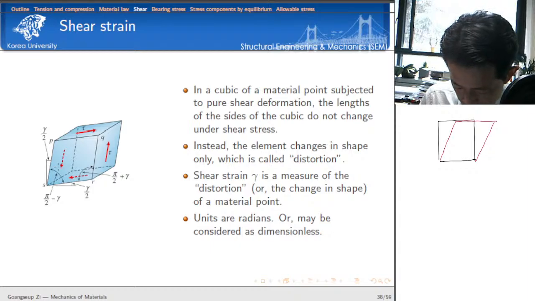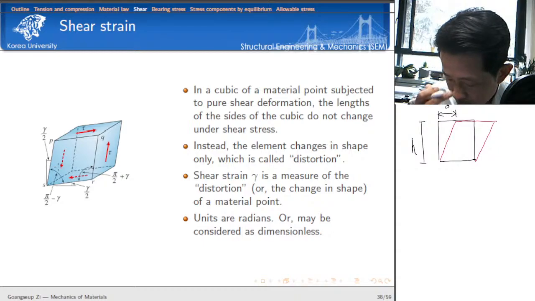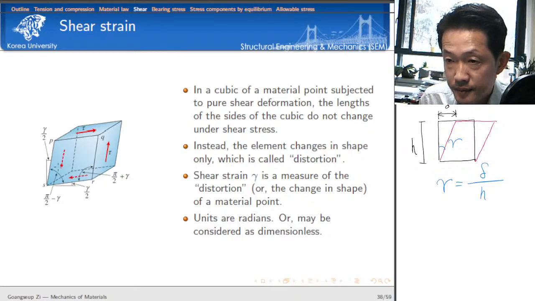Let's say we have an initial height of the material point h, and it is distorted by delta. Then we can measure the distortion by the angle gamma here. The distortion angle gamma is calculated by delta divided by h, provided that the deformation is small.